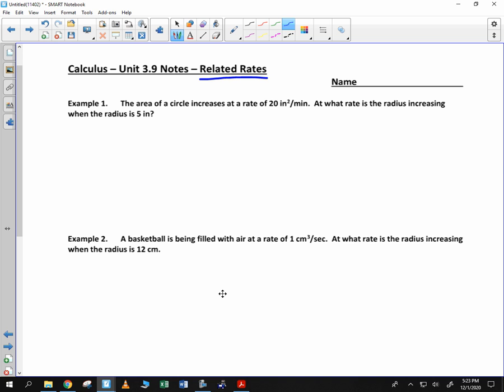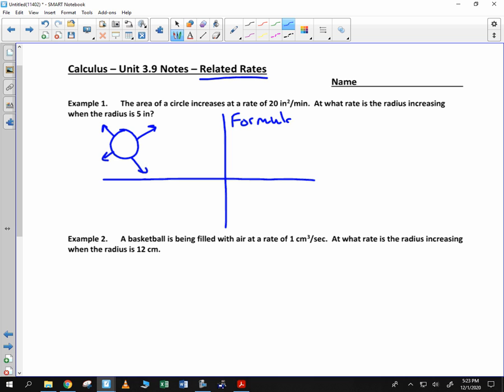We're going to model the situation. We have this circle. The radius is increasing, and the area is increasing. And so I need a formula. The formula I'm going to use is area is equal to pi r squared. Now I like to take the derivative with respect to time of area equals pi r squared.